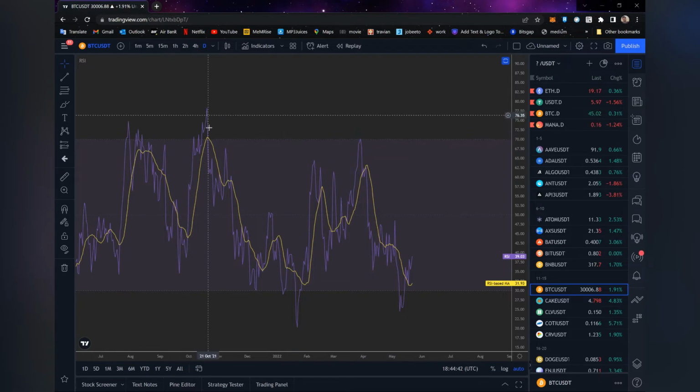Most of the people are selling, and the price is probably going to come down. And when it goes below 30, it means we are maximized in buying orders. It means most of the people are going to buy. Then the price will go back between 30 to 70 again.